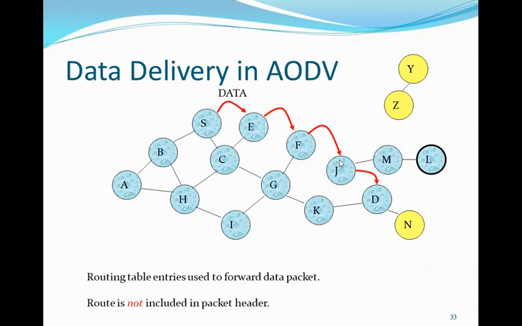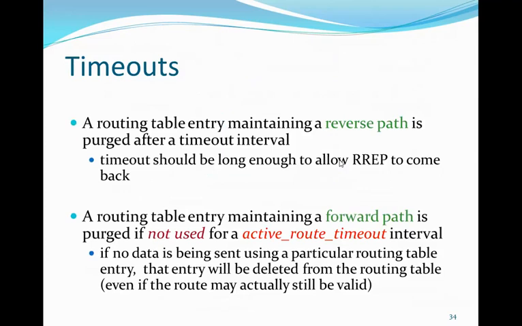Routing table entries are used to forward the data packet, as we already discussed that there is a local table or local information maintained at each node, which helps them know which node should be the next. So therefore, the route is not completely included in the packet header, but you just forward that packet to the next node, which is defined inside that route.